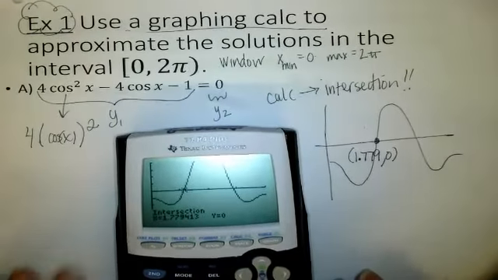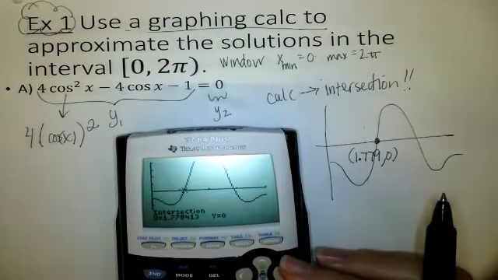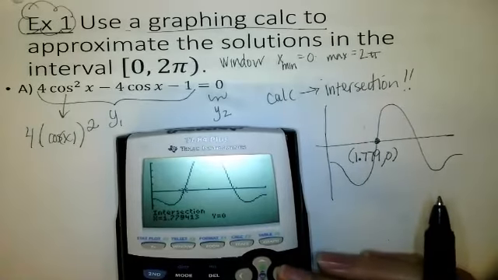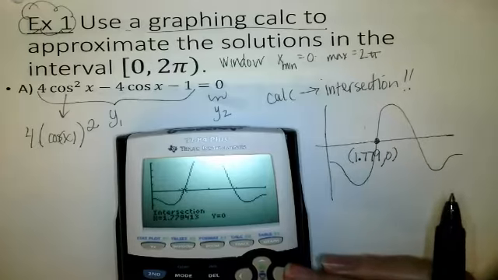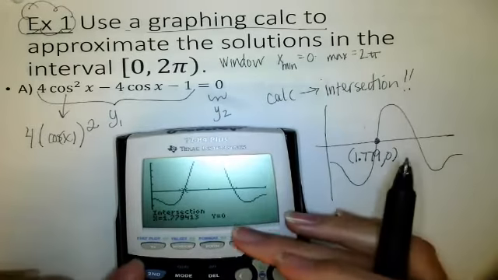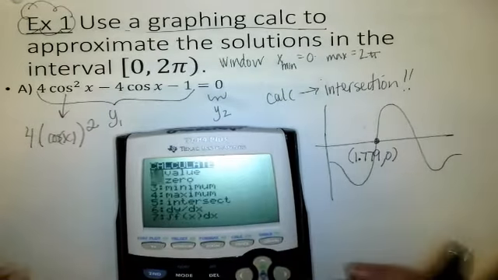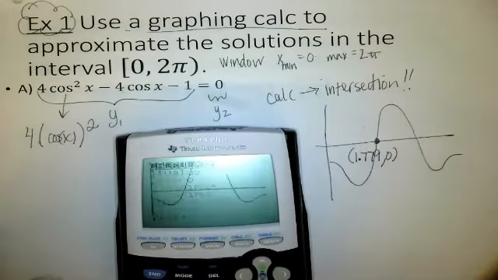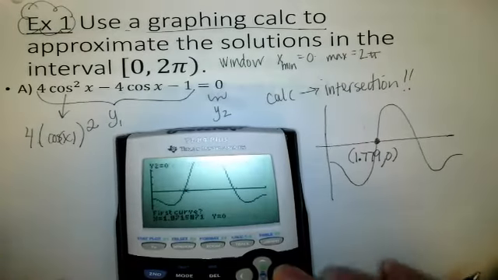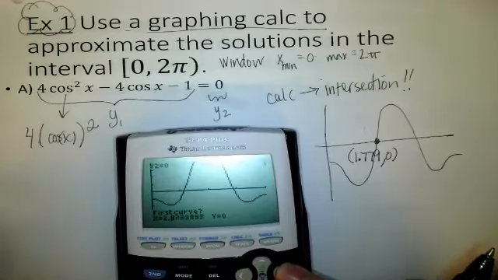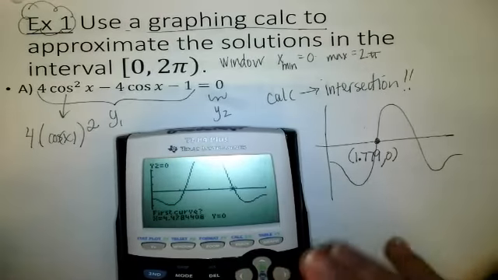And then for the Casio, all you have to do is arrow to the right, and it'll give you the next intersection point. We can't do that on our TIs, so we've got to go back through the menu again. So second, calculate the intersection. I'm going to move Tinkerbell to the second intersection and do enter, enter, enter.